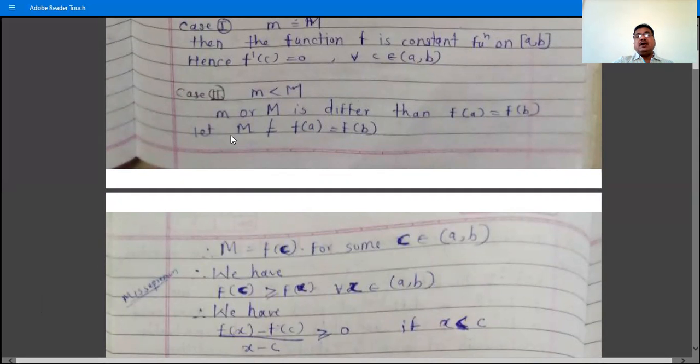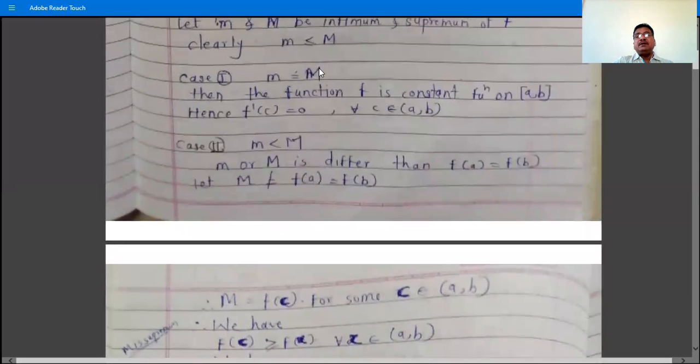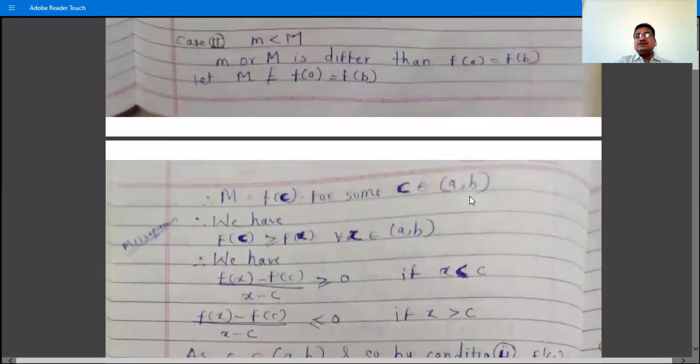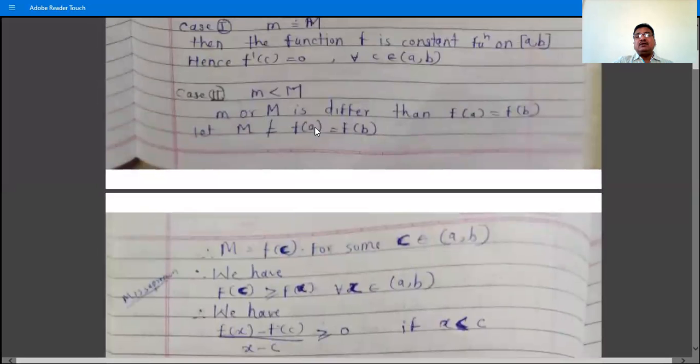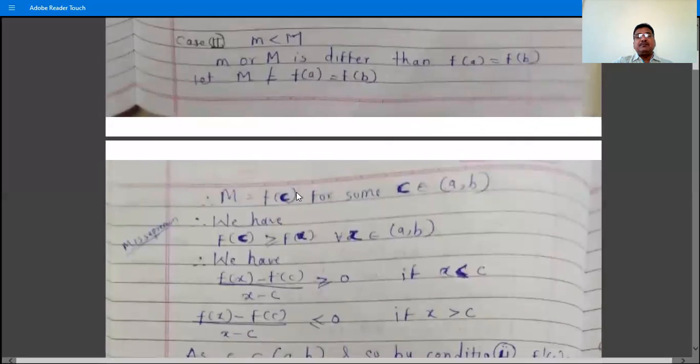So small m and capital M are images of some elements from the set [a, b]. But this capital M is not equal to f(a) or f(b). That is, capital M is not the image of a or b. This means there exists another element between a and b, suppose c, such that capital M is equal to f(c). Capital M is the image of that c.